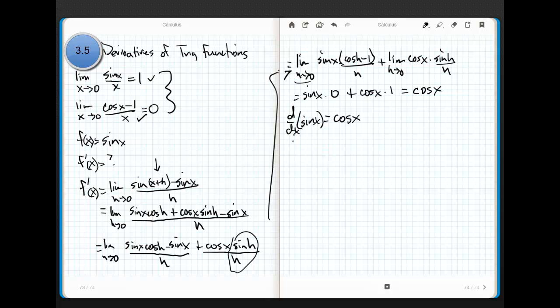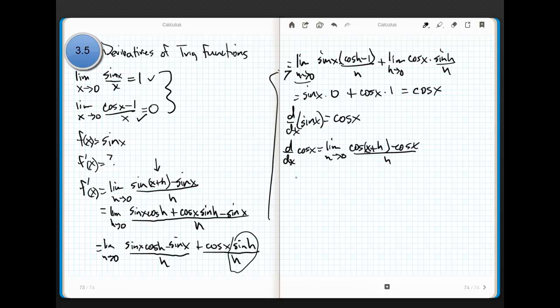Awesome. Now, similarly, I can employ the exact same tricks if I needed to. Let's see if we need to. You ready? How about we find the derivative of cosine of x? Well, we know that's going to be the limit as h goes to 0 of cosine of x plus h minus cosine of x all over h.